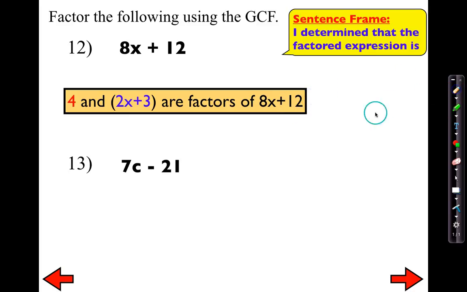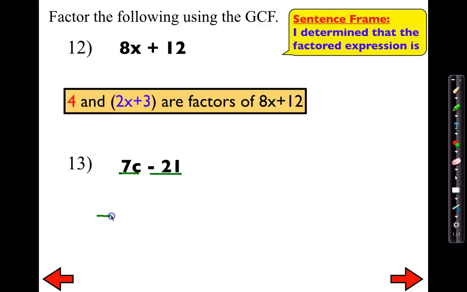Now let's try number 13. So you're going to try to figure out what is the greatest common factor between a 7 and a negative 21. Let's think about positive factors first of all. I'm going to say I can factor out a 7 because I can divide both of them by 7 evenly.